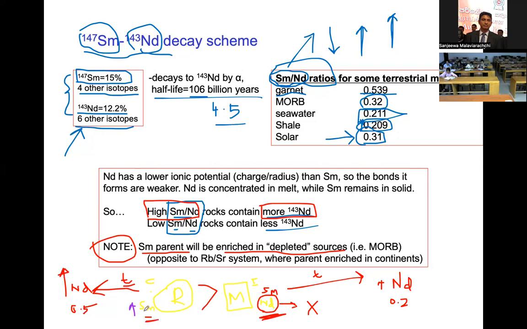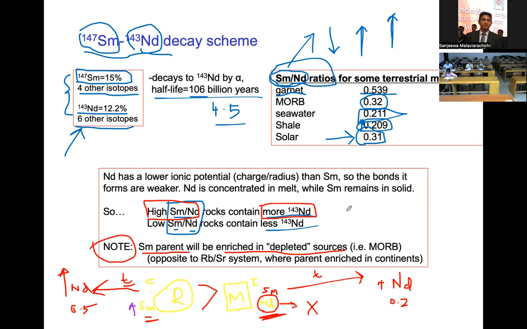Okay, so always remember, in the neodymium isotopic system, residue will show a high value of neodymium isotopic ratio, because in a residue you will have a lot of parent isotopes accumulated. That means samarium accumulated there. So a lot of samarium will decay, producing high neodymium daughter isotopic ratios over time, right? During the evolution, this happens.